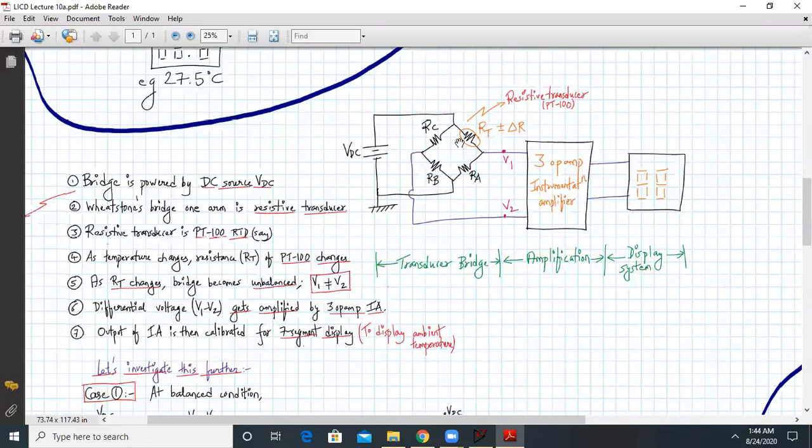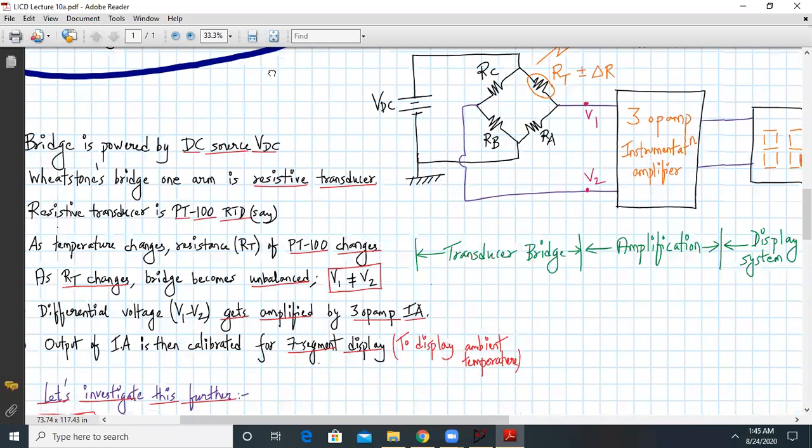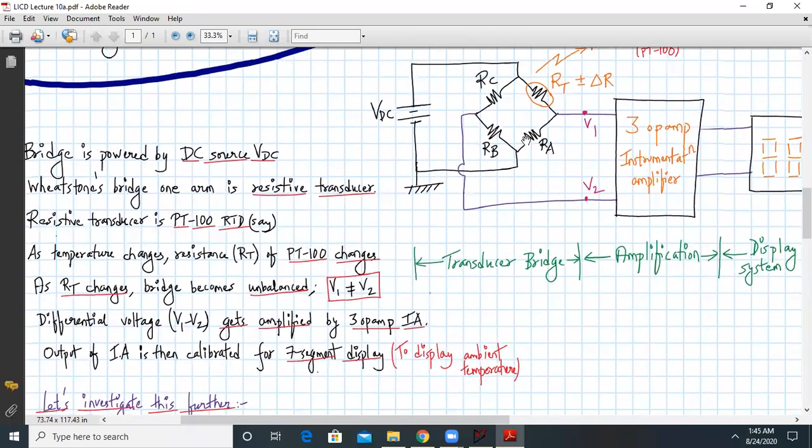And whenever RT changes to RT plus delta R, then it will cause an unbalance in the bridge. That means V1 is not equal to V2. So this difference might be very, very small. So the difference between the input voltages is amplified by this 3 op-amp instrumentation amplifier.